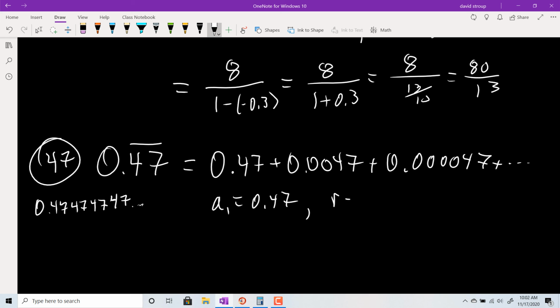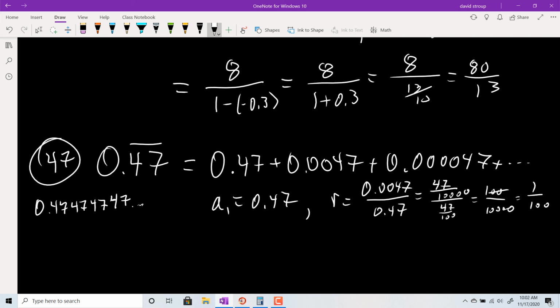So our a sub 1 is 0.47. Our r value, the ratio, 0.0047 divided by 0.47, which is 47 over 10,000 divided by 47 over 100, 47 hundredths. And then simplifying, we'll end up with 100 over 10,000. Cancel out 2 of the zeros, you get 1/100th for the common ratio.